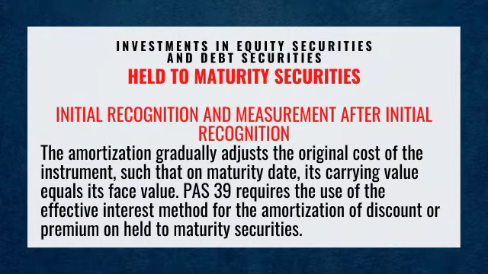The amortization gradually adjusts the original cost of the instrument such that on maturity date, its carrying value equals its face value. PAS number 39 requires the use of the effective interest method for the amortization of discount or premium on held to maturity securities.